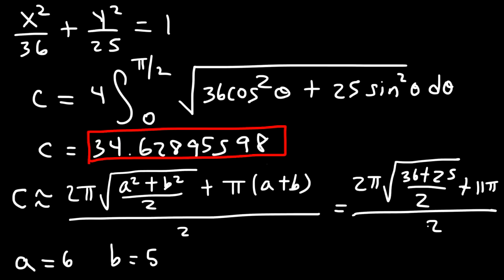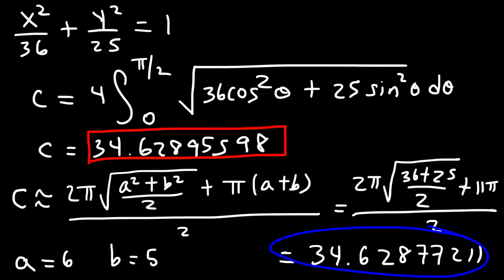Go ahead and type that in. So I got 34.62877211. So this answer is very close to that answer. In both cases, they round to 34.629.